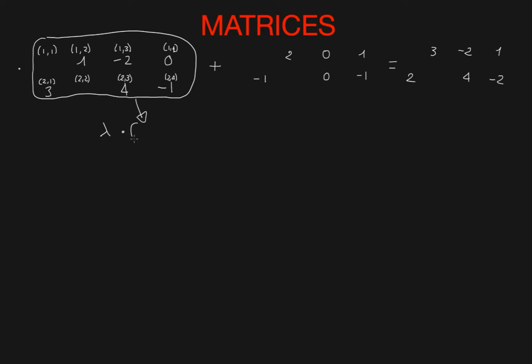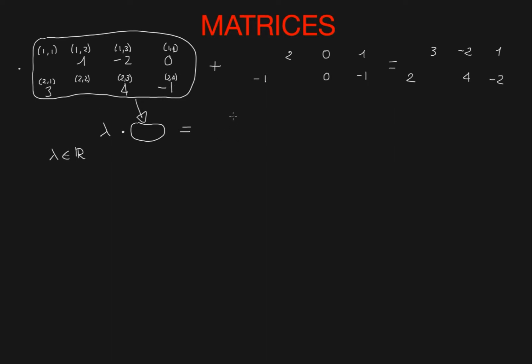Okay, so we have the same object here multiplied on the left by lambda, where lambda is a real number. Then we will be getting again an object like this, a collection of 1, 2, 3, 4, 5, 6 real numbers placed exactly in the same place as those ones.